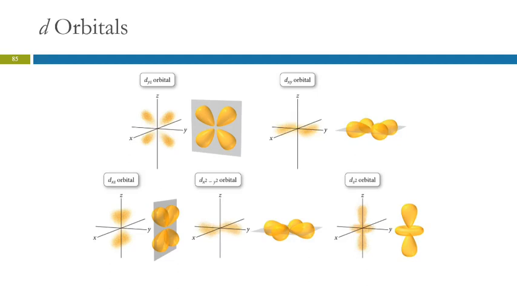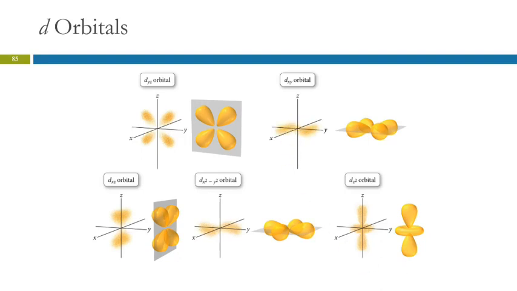These are really weird, although they're not as weird as the next ones. These kind of look like a double p orbital. It's got 4 lobes, and these are in different planes. This is in the YZ plane, the XY plane, the XZ plane, and then this one's in the x squared minus y squared plane. So it's cattywampus to this one.